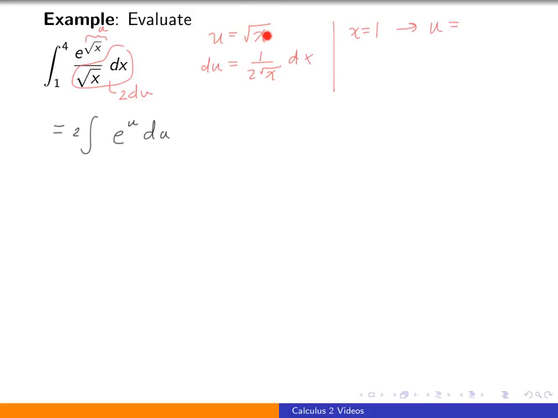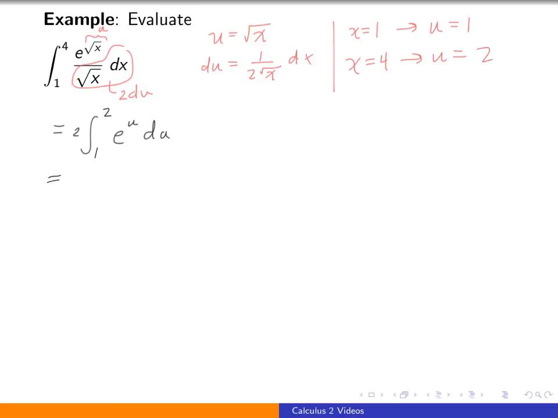When x is 1, u is the square root of 1, which is 1. So our lower limit of integration is 1. For the upper limit, we think when x is 4, what is u equal to? When x is 4, u is the square root of 4, which is 2, so our upper limit of integration is 2.